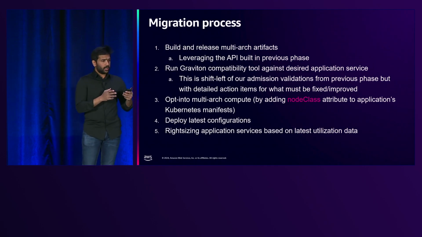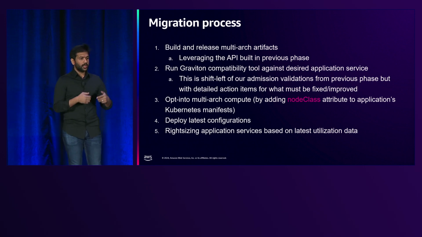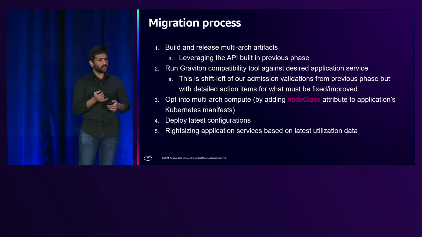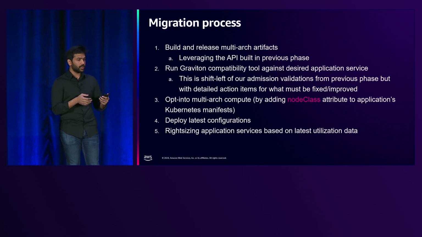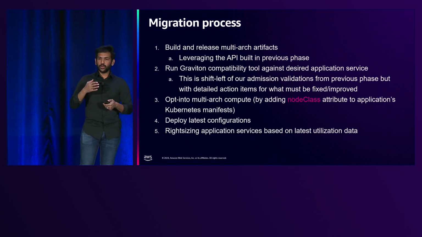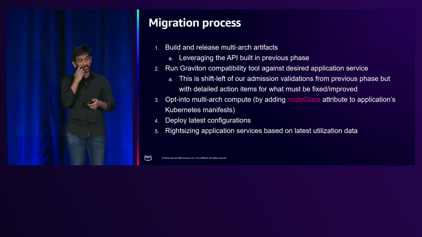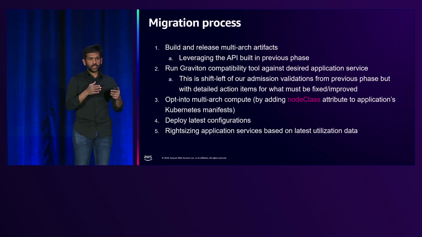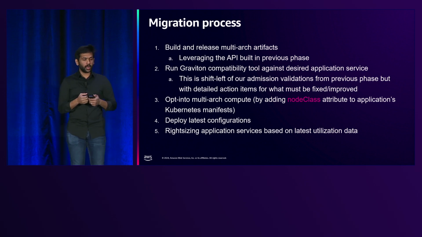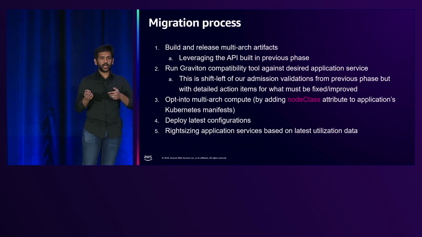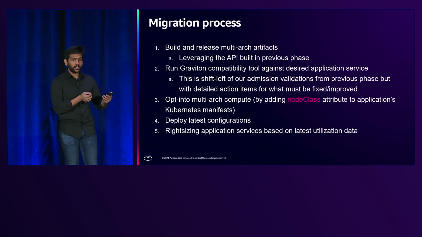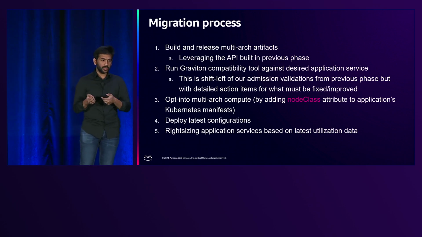Okay, so now this is the checklist for the migration. It's very simple. First, we expect the application workload to use the API to release multi-architecture artifacts. And whatever admission checks we were performing at the Kubernetes layer, we expose through an ad hoc compatibility check tool that can perform the same checks and provide shift left guarantees that the application is indeed eligible.